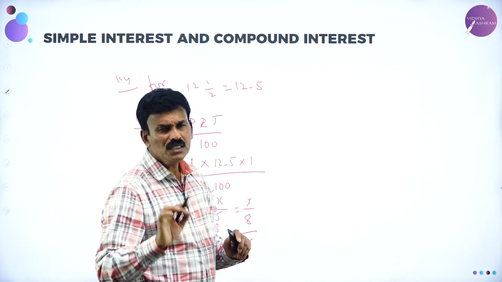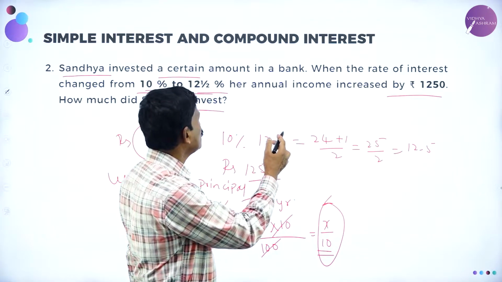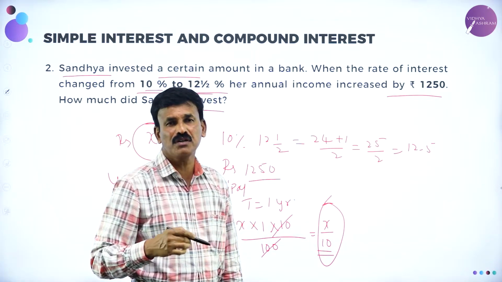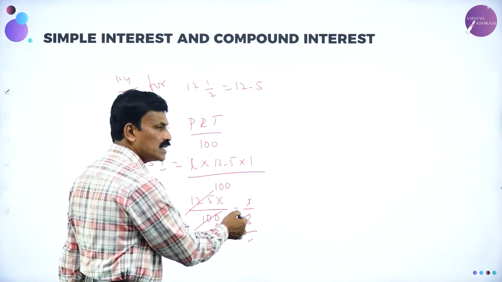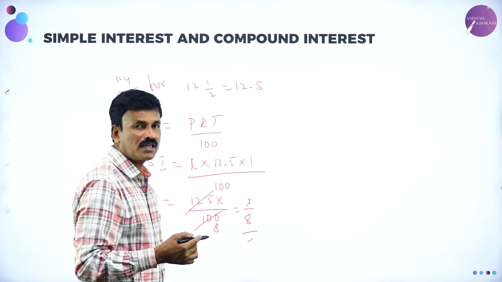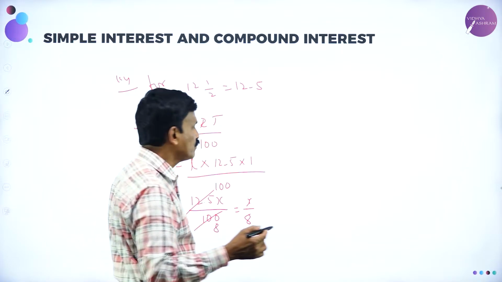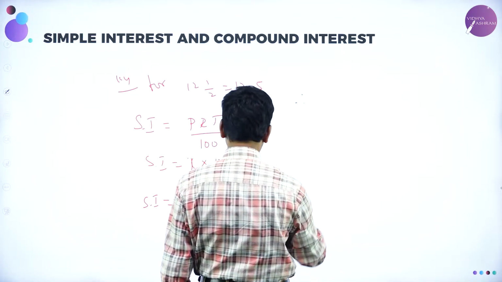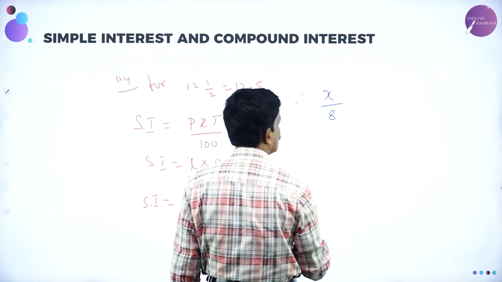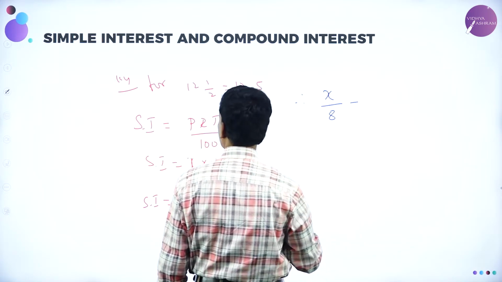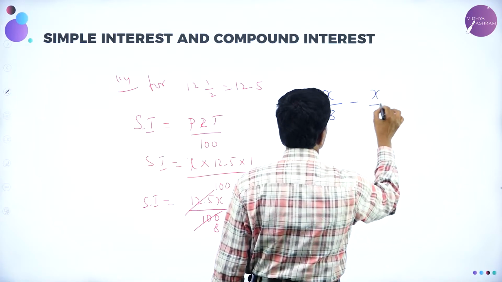Annual income is increased by 1250 rupees. That means the difference between the simple interest for 10% and 12.5% is 1250 rupees. So just consider the difference. For 12.5% it is X by 8 minus, for 10% it is X by 10.